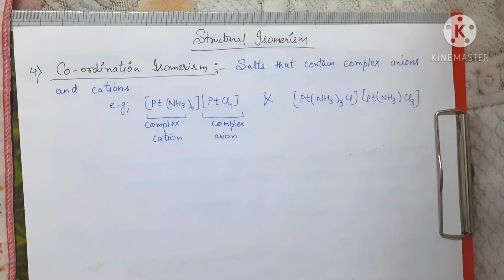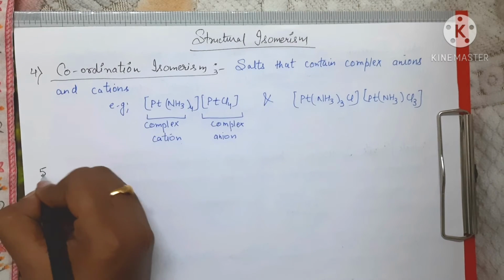Now we'll move on to the 5th type, which is the coordination position isomerism.